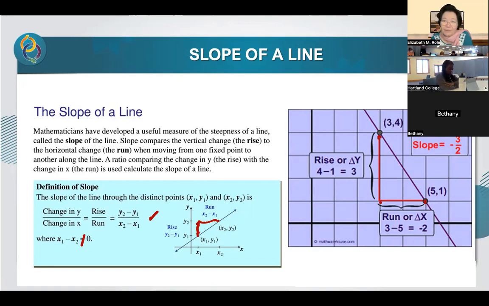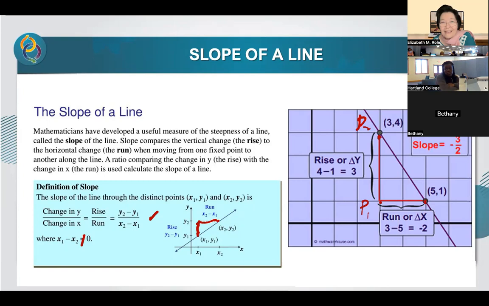So for you to be able to find the slope, if this is my point 2, and this will be my point 1, okay?